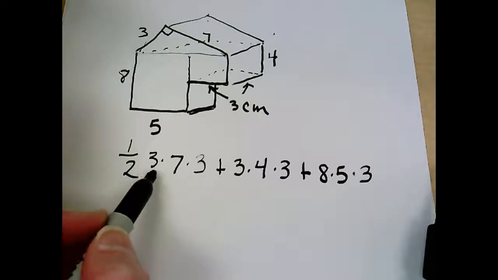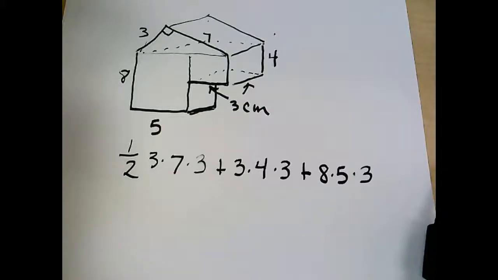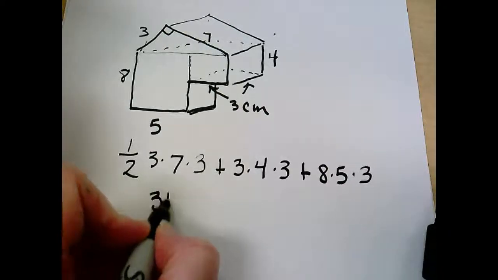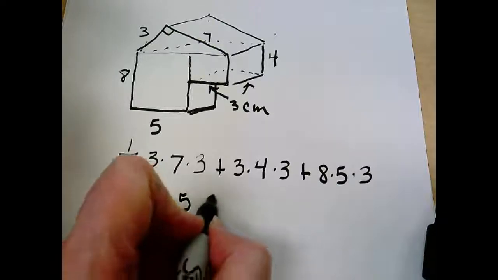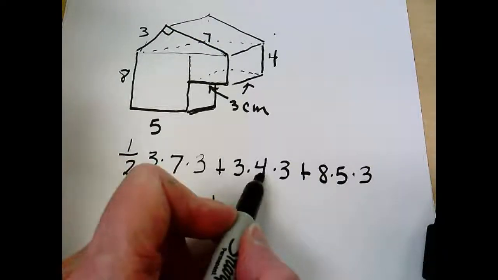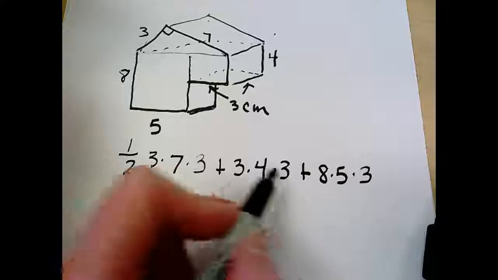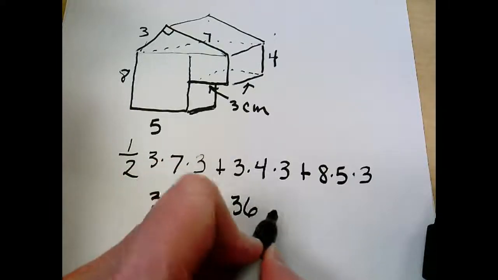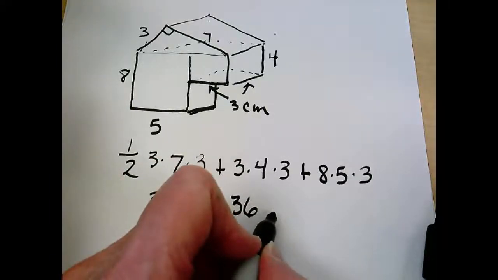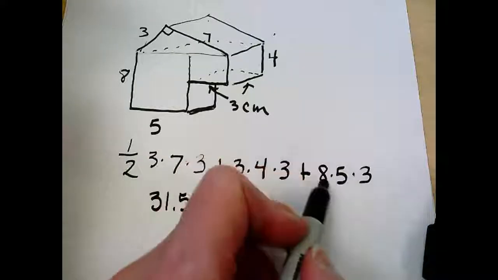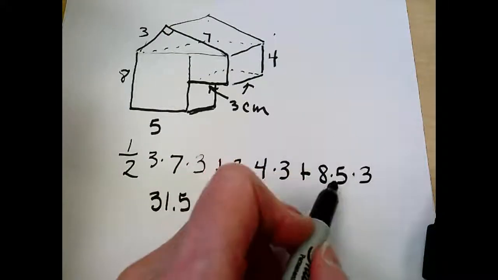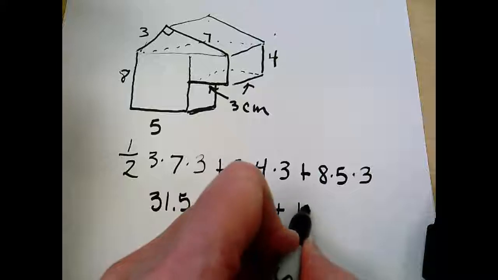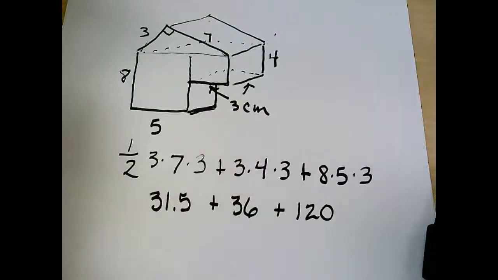So 1/2, 3 times 7 is 21 times 3. Divide that by 2, and I have 31.5. Add 3 times 4, which is 12, times 3 is 36. And 8 times 5 times 3 is 120.